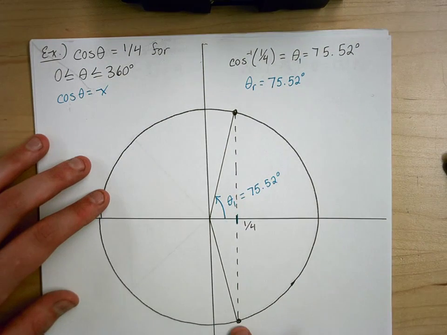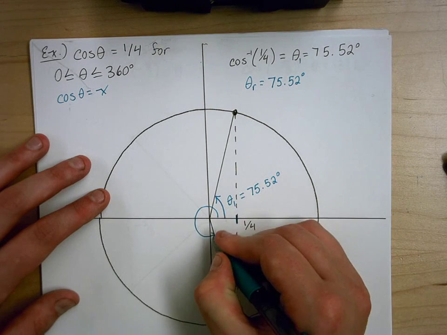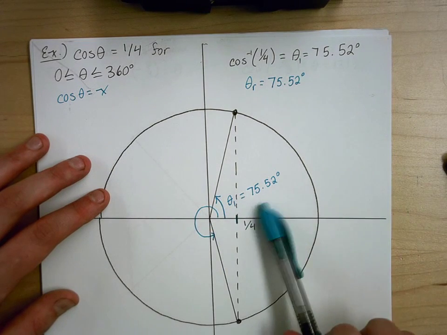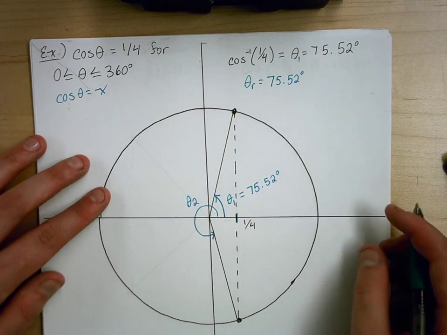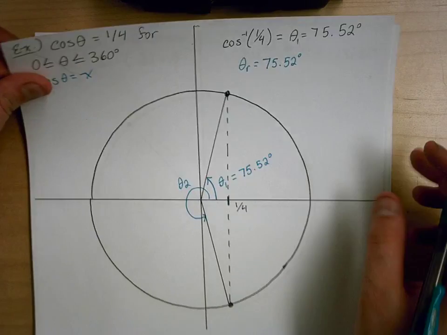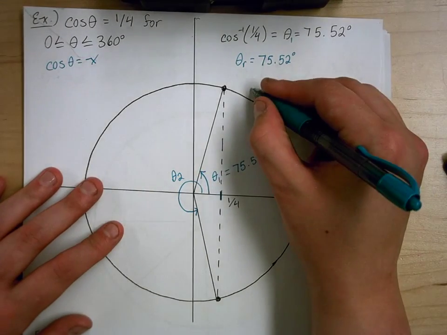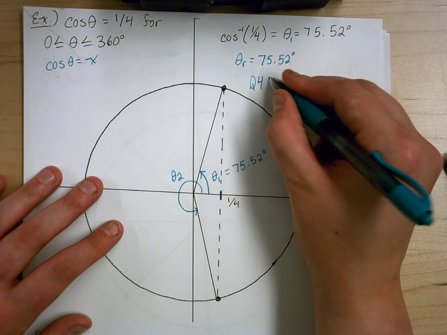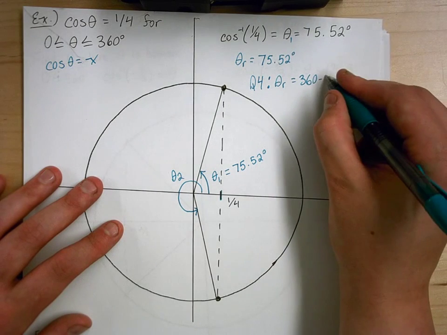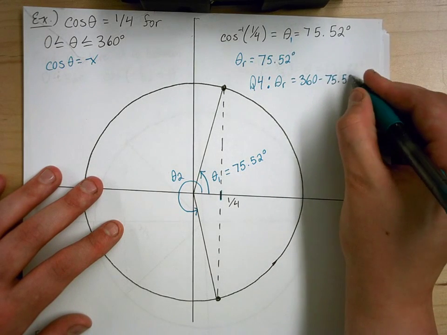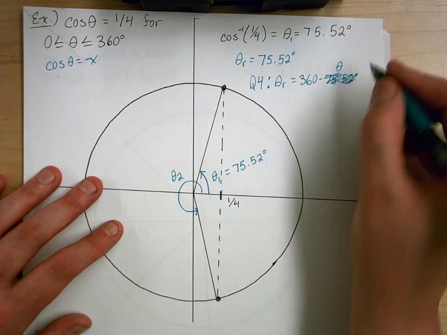Right, now my other angle terminates in quadrant 4, and will also have the same reference angle as the initial one, as the rule says. So, since it terminates in quadrant 4, we have that theta r equals 360 minus theta, sorry.